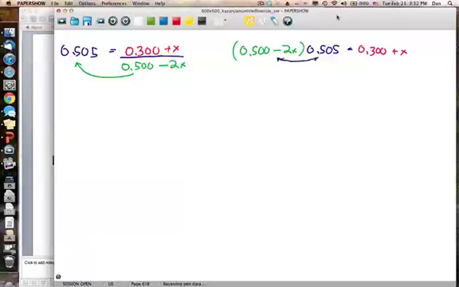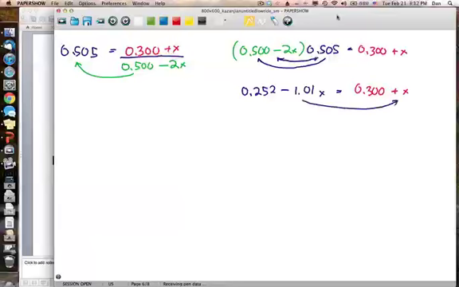Multiply out the terms, and you get 0.252 minus 1.01x is equal to 0.300 plus x. You then combine terms respectively.